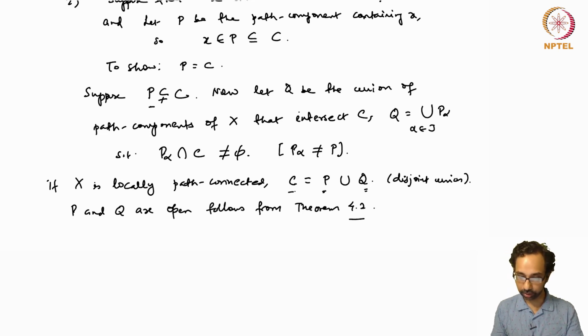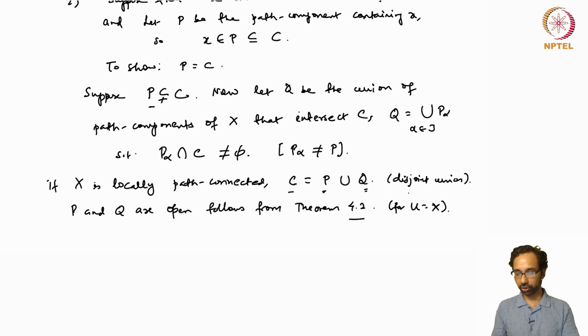So here you have the set C, which is the disjoint union of P and Q, and in particular if you take in that theorem U to be X itself, then it shows that P and Q are open because P is a path component for the open set X, and Q is a union of path components, each of which are open, so they are both open.